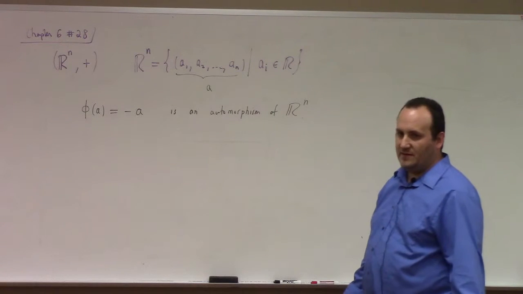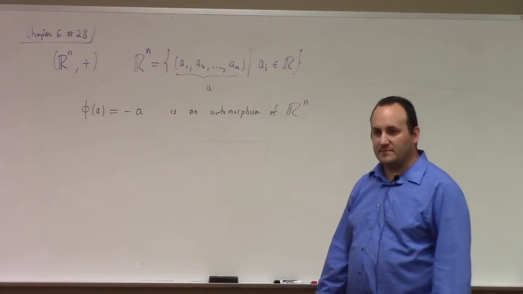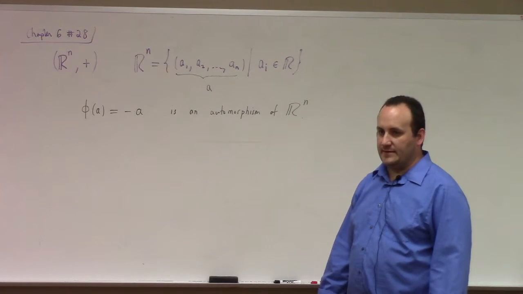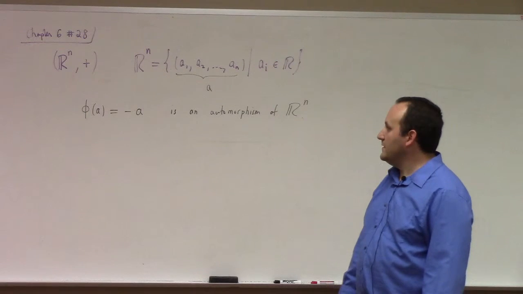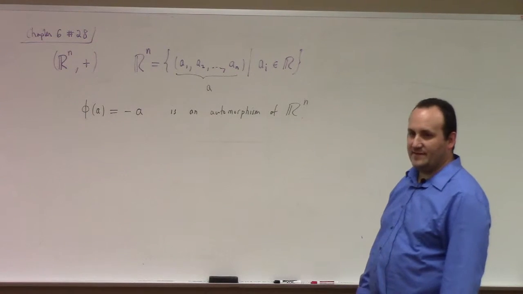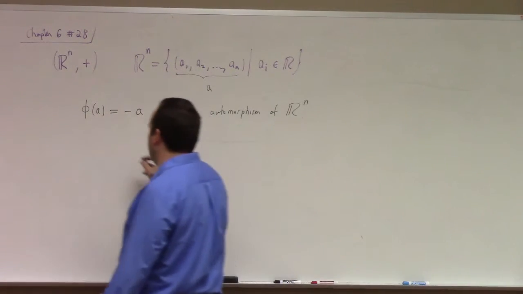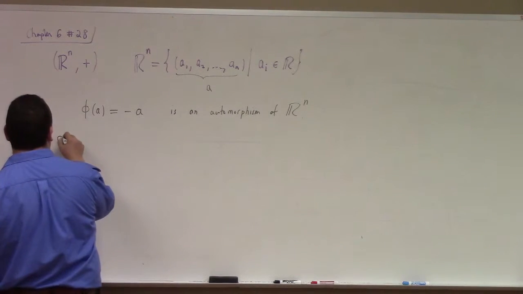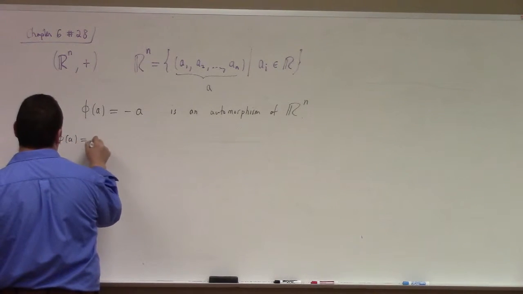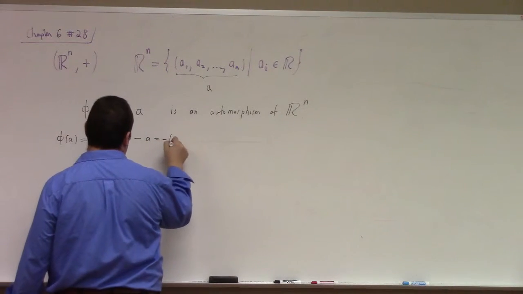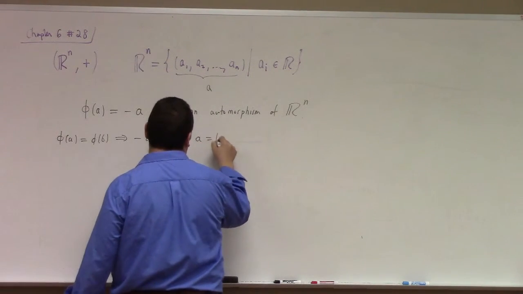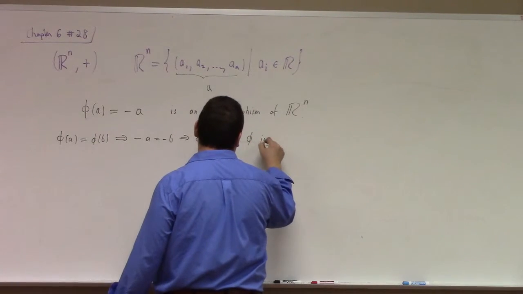All right, first of all, is phi a mapping from Rn to Rn? If you multiply a vector by -1, is it still a vector? Yes. Suppose, let me go old school, phi of A equals phi of B implies minus A equals minus B implies A equals B. Therefore, phi is 1-to-1.